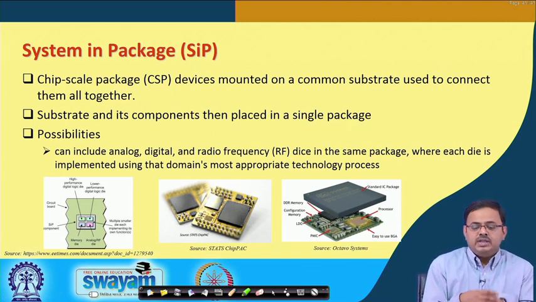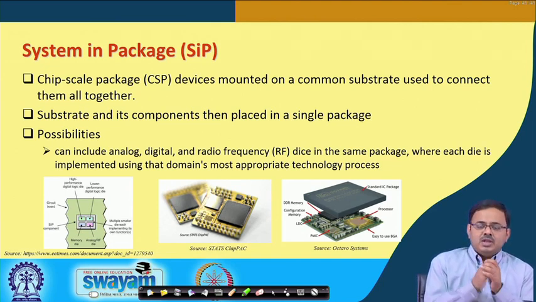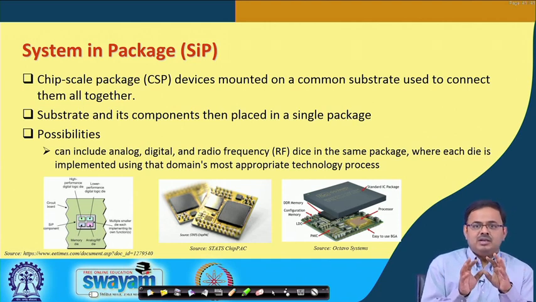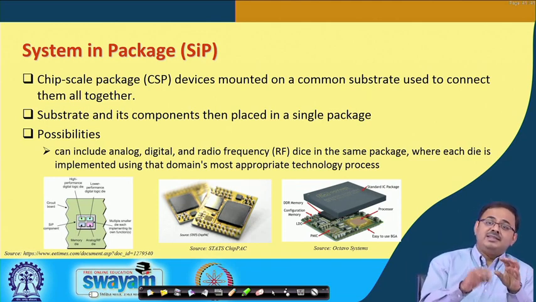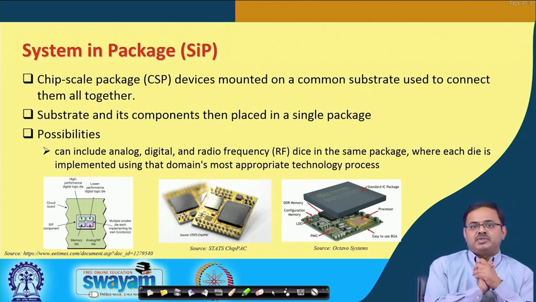That is the difference between MCM and SIP. In many ways they are similar, but MCM is just pieces of silicon on the same substrate. Here these are chip scale packages on the same substrate, and the package itself has its own substrate. So, that is the difference.